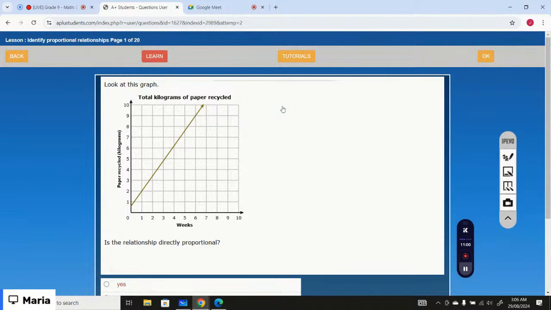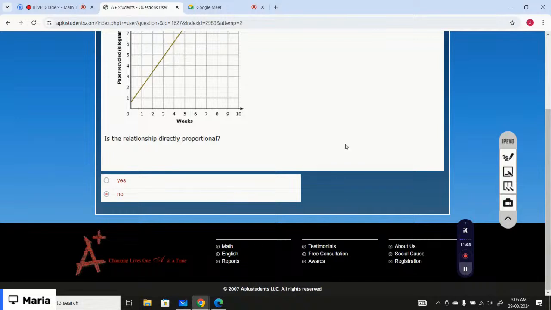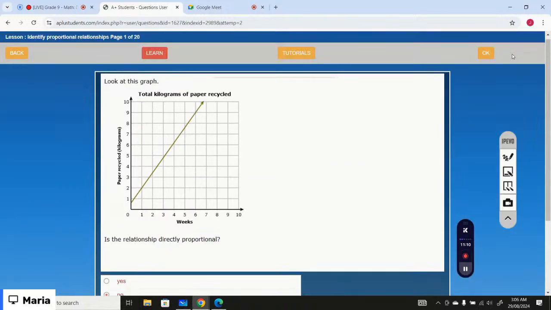The correct option is no, the graph is not directly proportional, right? The graph must be a straight line passing through the origin. So for this one, the graph is not passing through the origin. So the correct option is no.